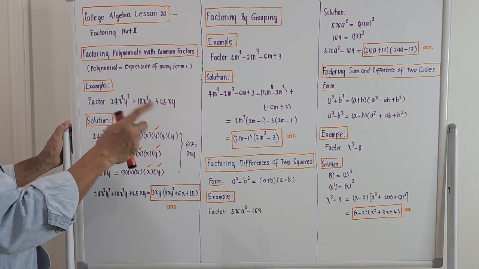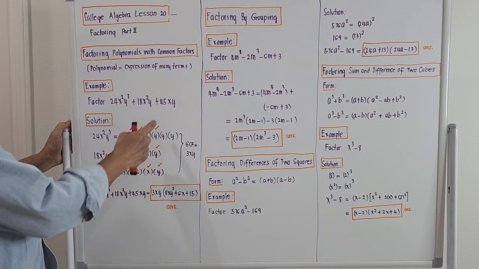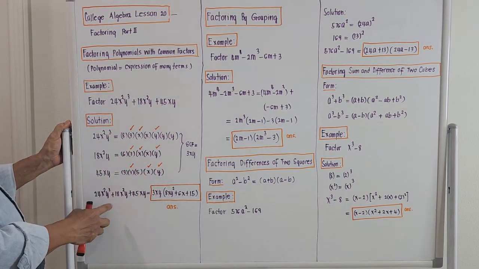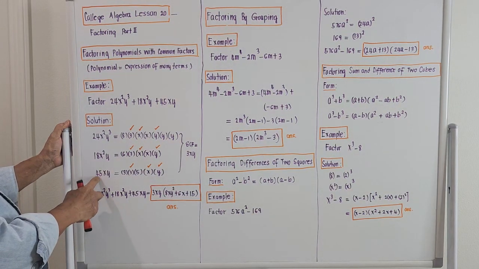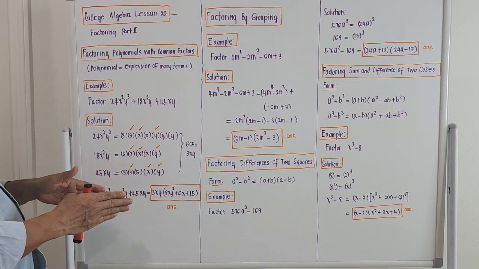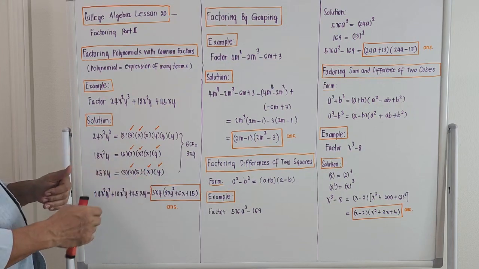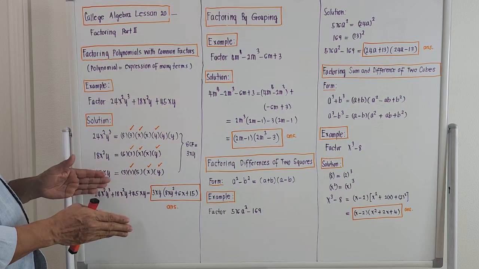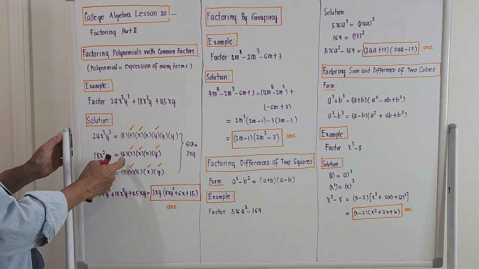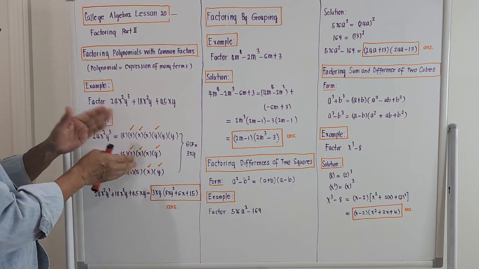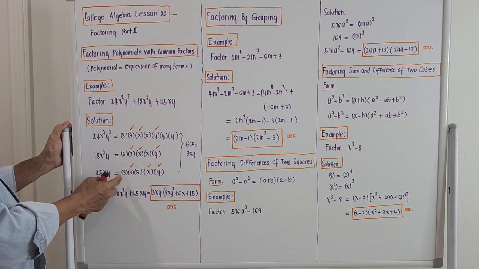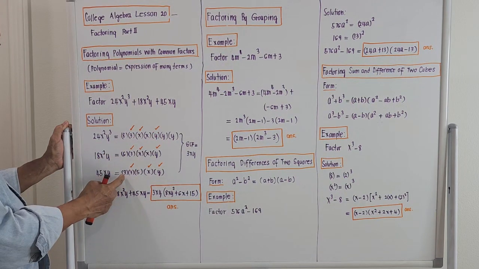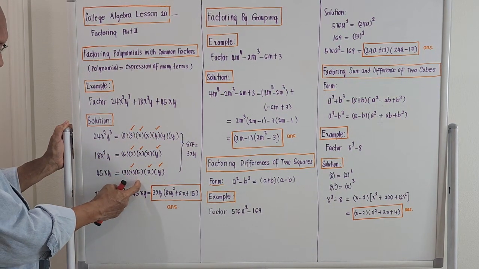For the third term, it has a coefficient of 45 and the variable terms are xy. 45 is 3 times 3 times 5. We are thinking of a number similar to the first two coefficients. So 45 can be written as the product of 9 times 5, but 9 can still be written as the product of 3 and 3, times 5.